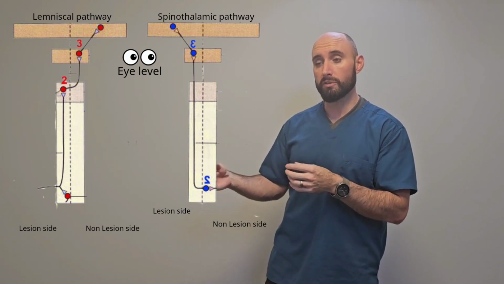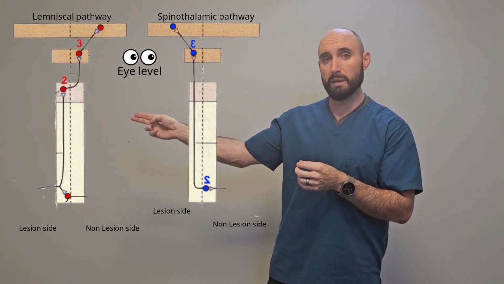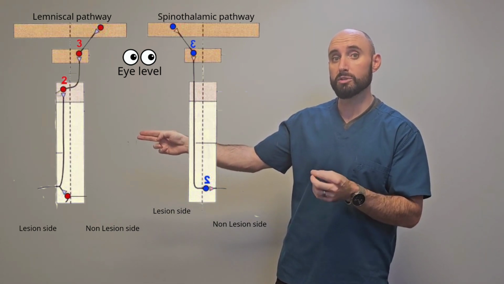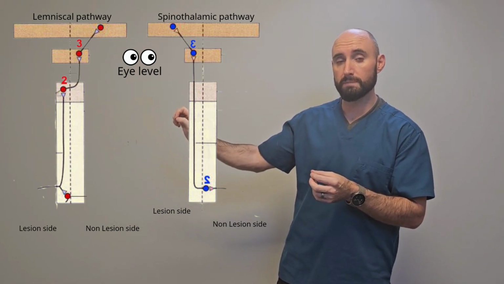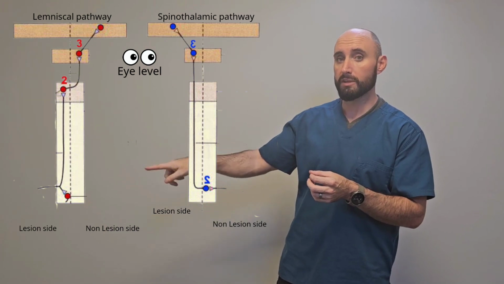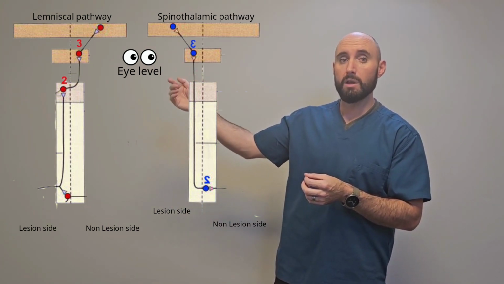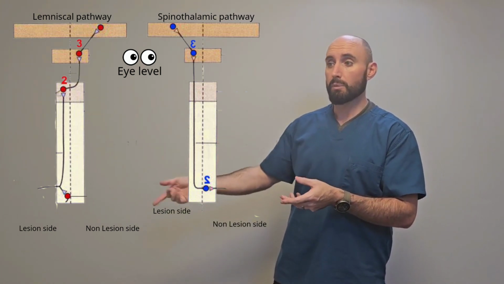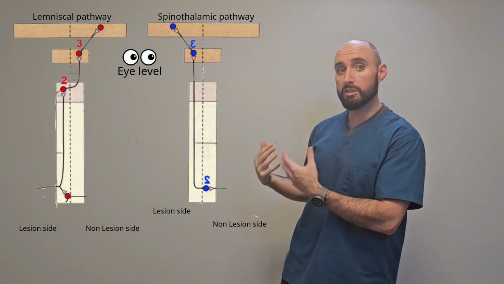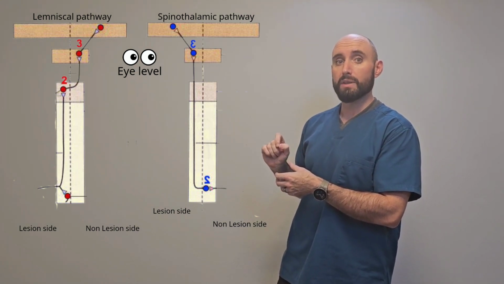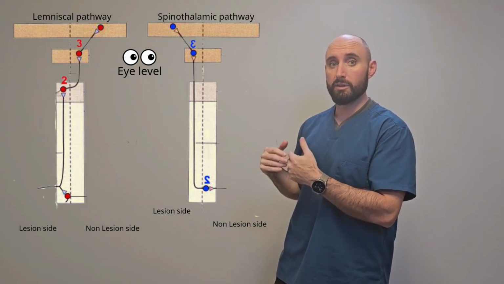The way this works is, if you're testing this side of the patient, what we're assessing for light touch and heat for the dermatome sensation, which is brush sensation and slight warmth, we're testing any dysfunction or lesion on the same side. When we're testing our spinothalamic, we come to the opposite side on the corresponding segment and we can pinprick that side, and that is on the opposite side to the lesion.